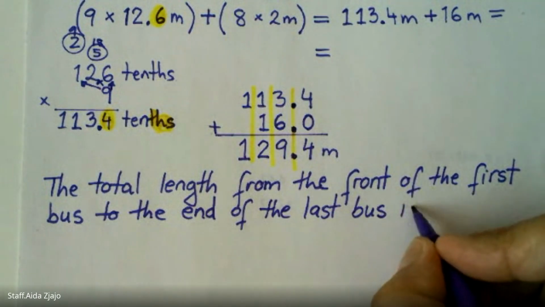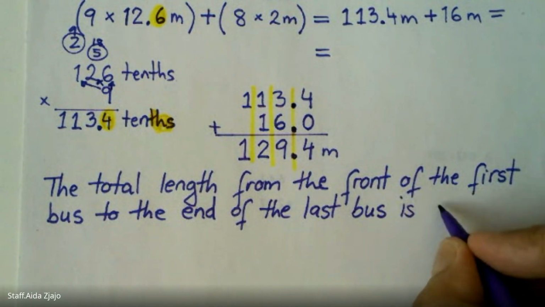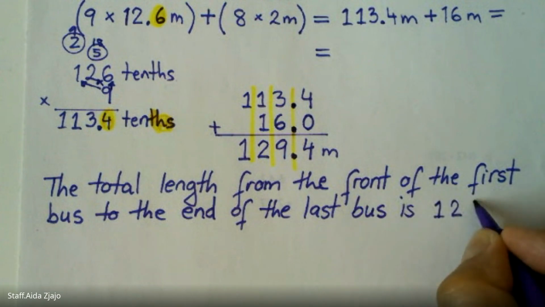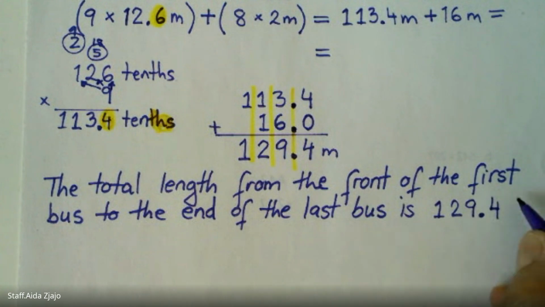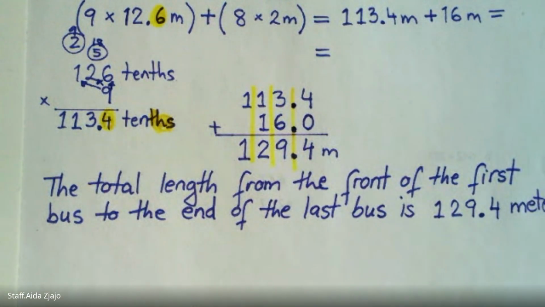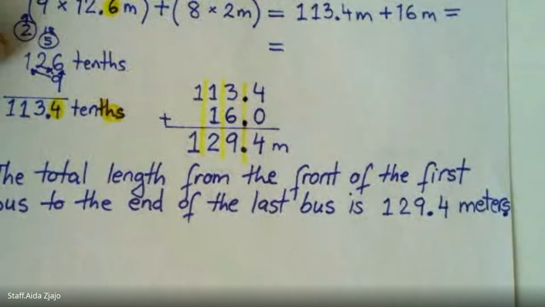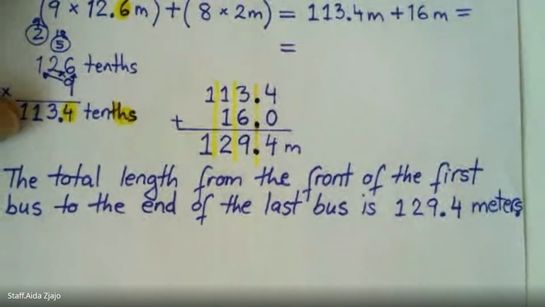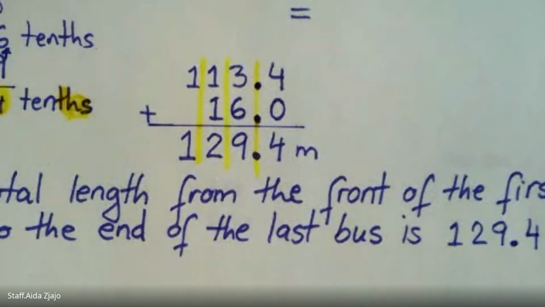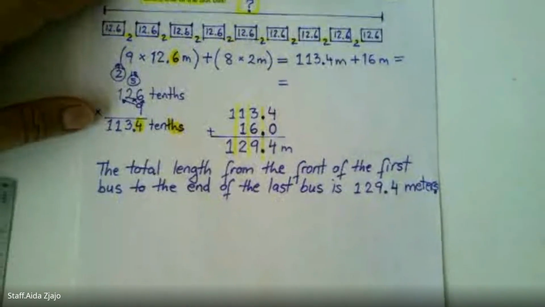Is 129 and 0.4, or 4/10 of a meter. Meters, 129. I put an S here, meters. Oh, sorry, you didn't see meters. So that would be the conclusion of the lesson 7 word problem.